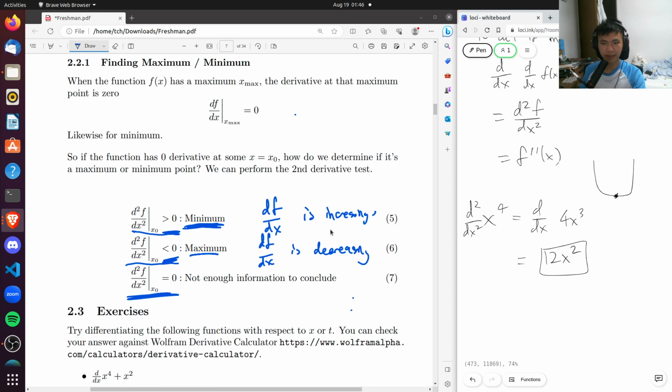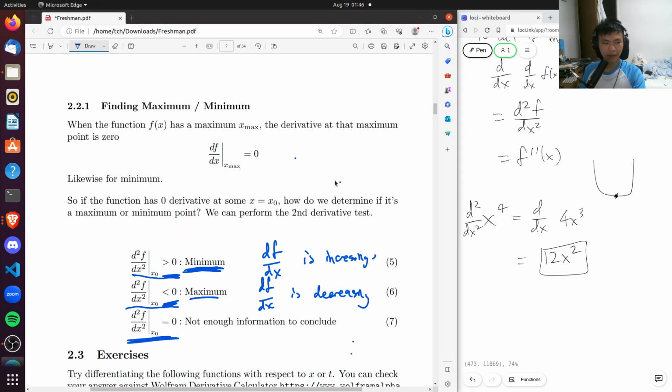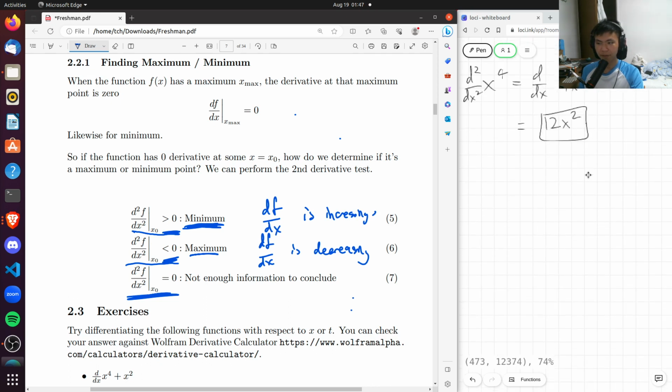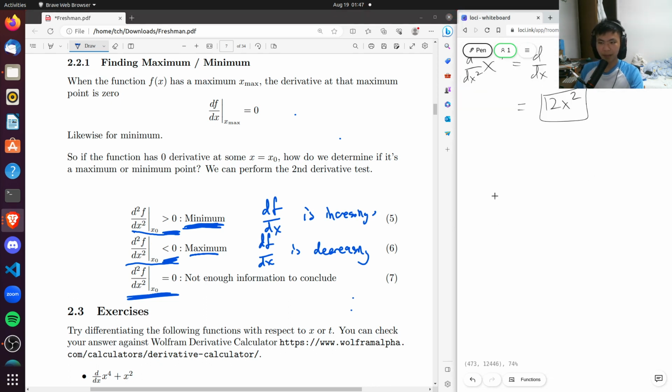Often in physics, we'll use calculus to find the minimum or maximum points of a function. A very straightforward example that we'll see very soon is how to maximize the range of a cannonball, of a projectile, or a parabola.